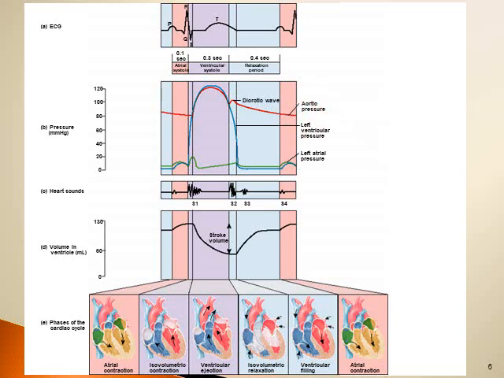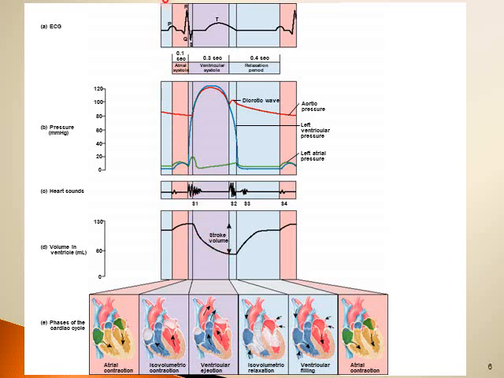Also, during the cardiac cycle, there are heart sounds that can be listened to using a stethoscope, and the contraction of the ventricles, and I'm talking here about left ventricle in this example, will lead to the ejection of blood, so the blood volume will change in the left ventricle.